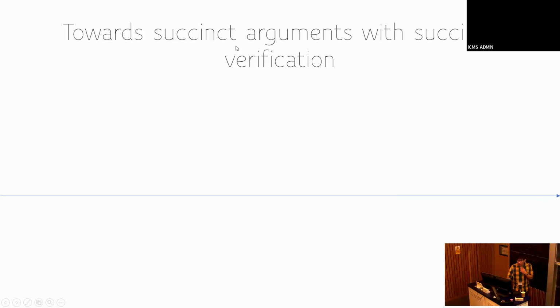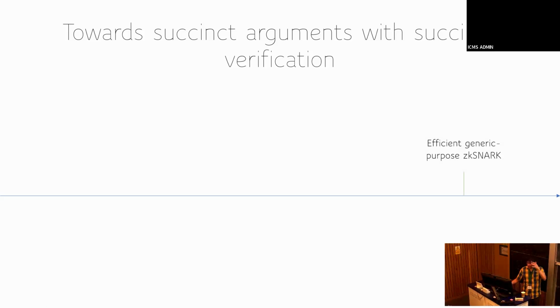In this approximate range proof, if you remember, the verifier sends a challenge matrix with random 0, 1 entries, and this matrix has the same width as the length of the witness. So just doing the approximate range proof on its own will take linear verification time. Now the question is, how can we build succinct arguments with succinct verification?